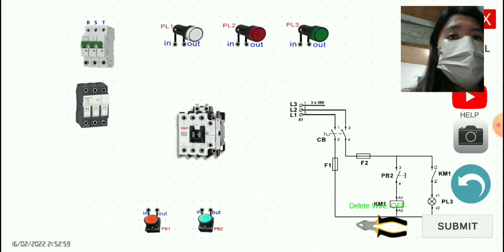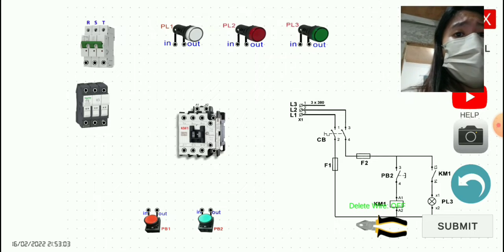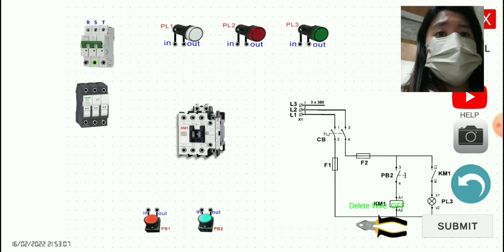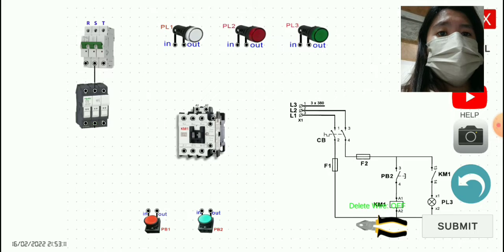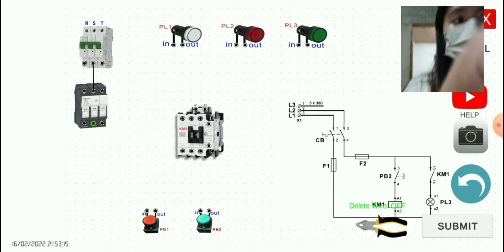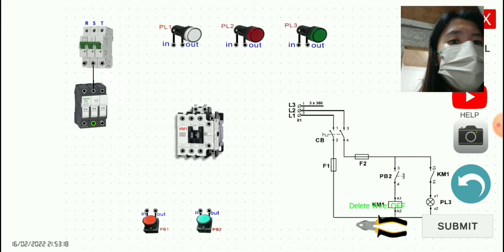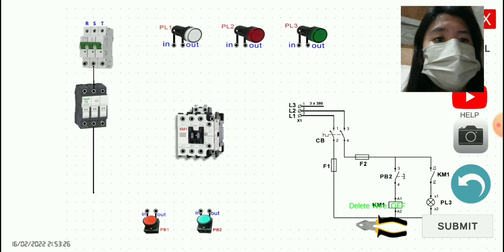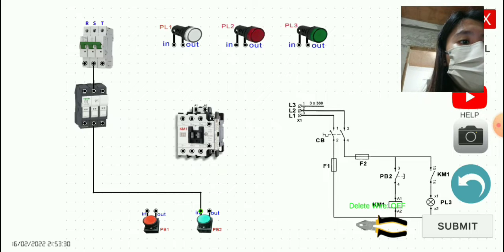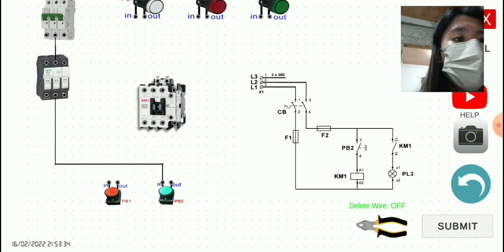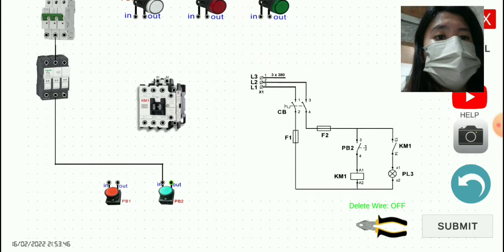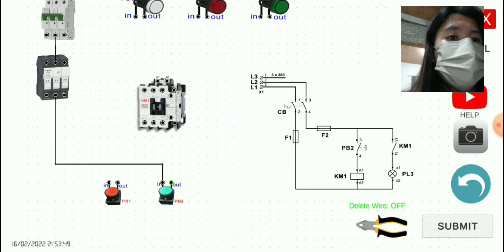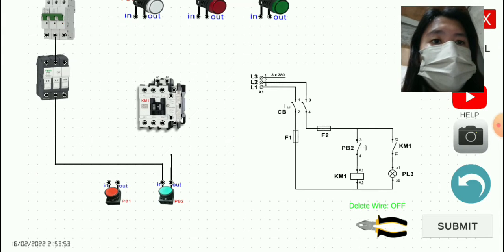From our circuit breaker S, go to our line 2 to the fuse, and from the fuse we will go to our input number 3 of the PB2. Then the PB2 output, labeled 4, goes to our A1, the coil of the magnetic contactor.